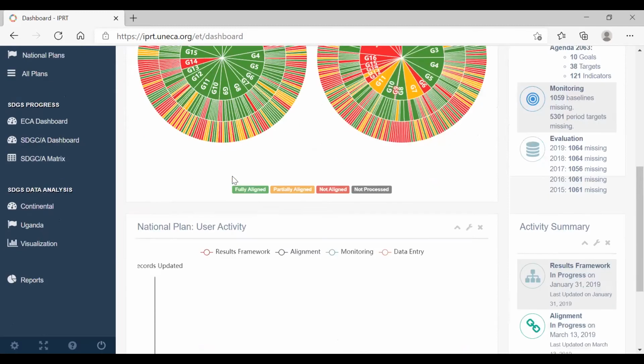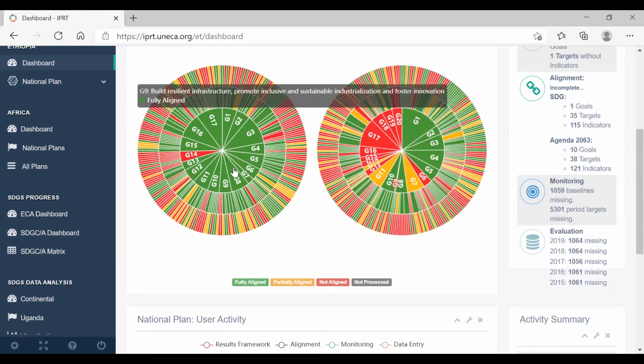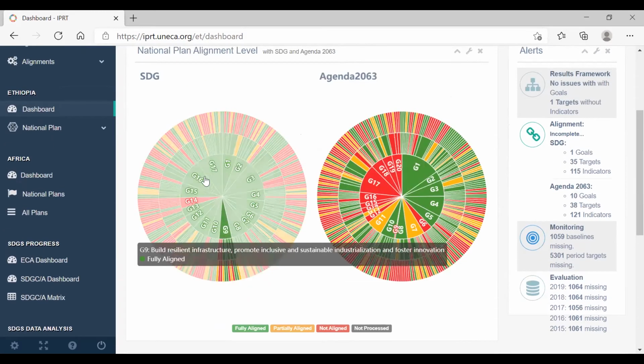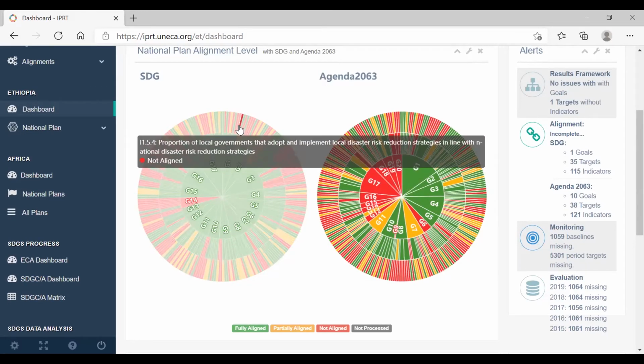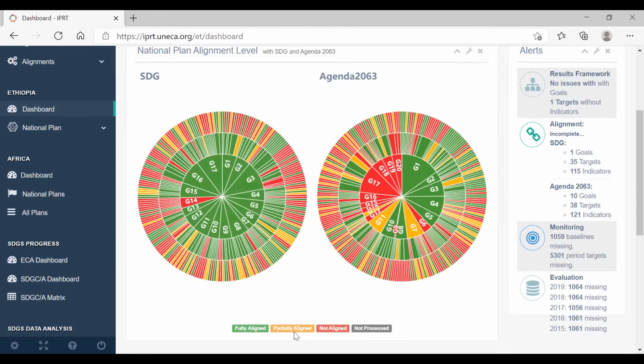So we can look at this one. The first one is alignment at goal level, target level, and indicator level. Now we have these three levels: fully aligned, partially aligned, and not aligned.